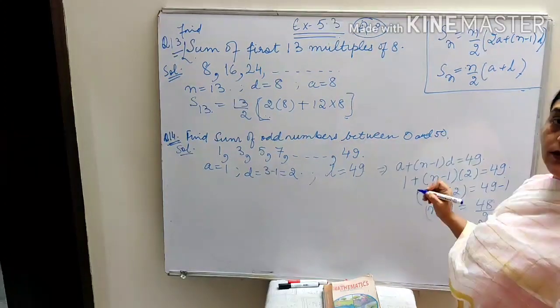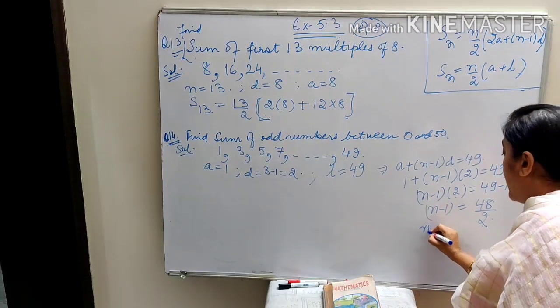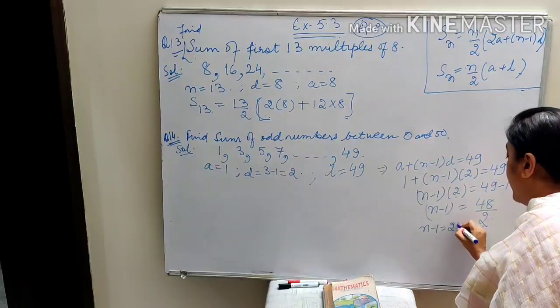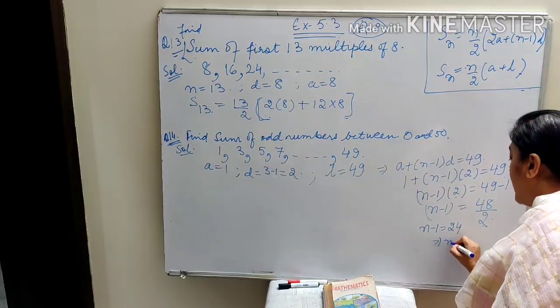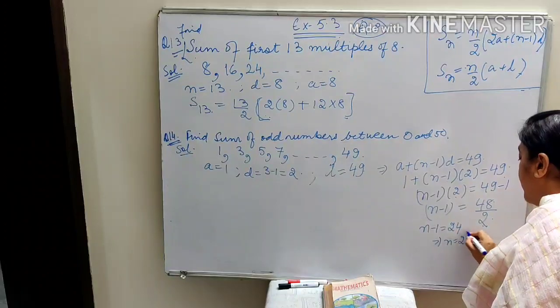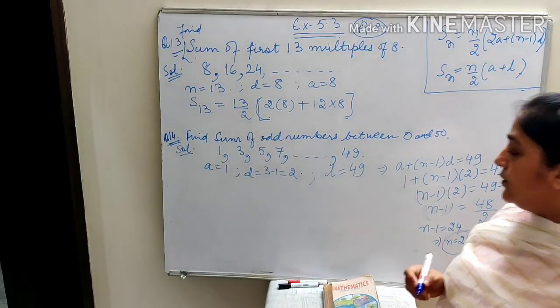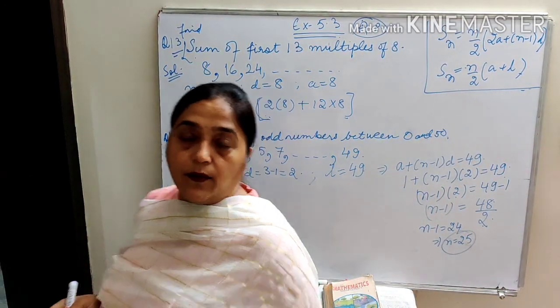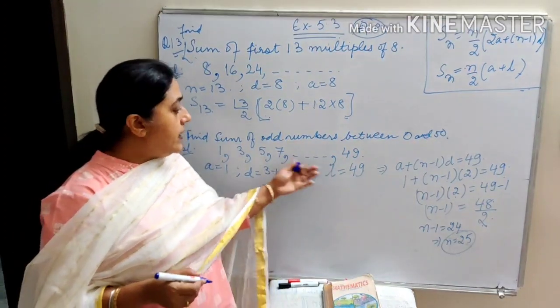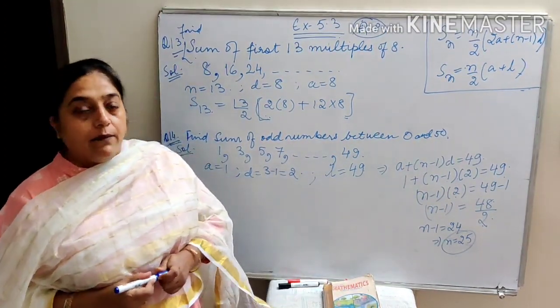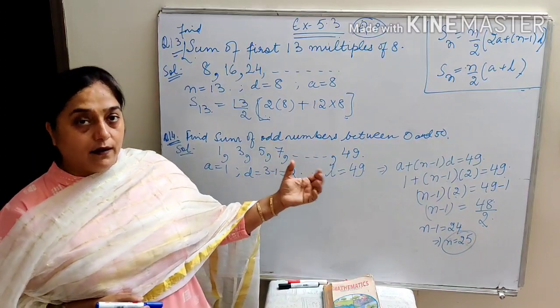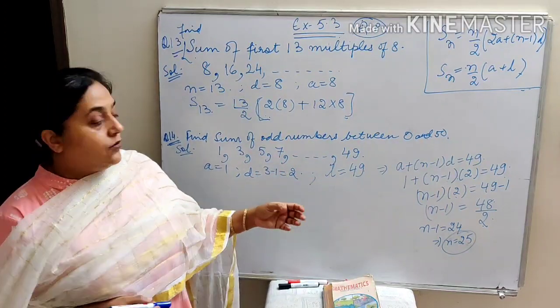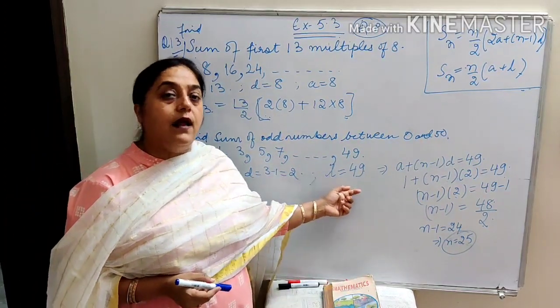So the calculation becomes a bit easier. So my n minus 1 is equal to 24. This implies n is equal to 25. This was a small question, we had to find the sum of odd numbers between 0 and 50. In this case I knew that n is 25, but when you can't determine n, you have to find it using the last term method.